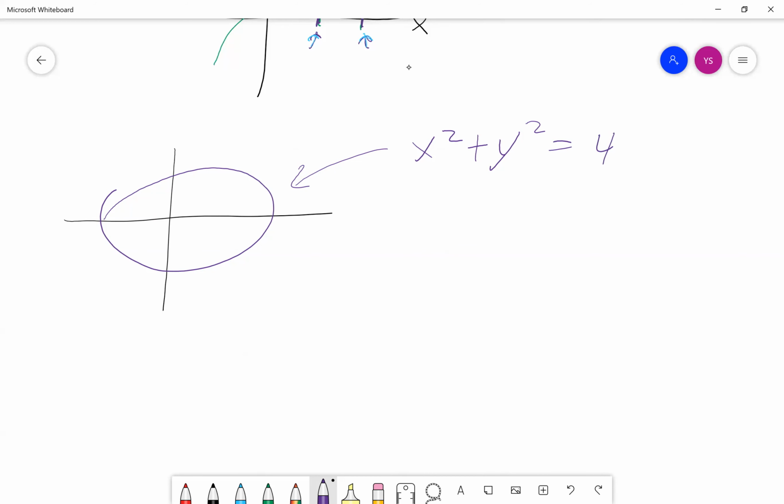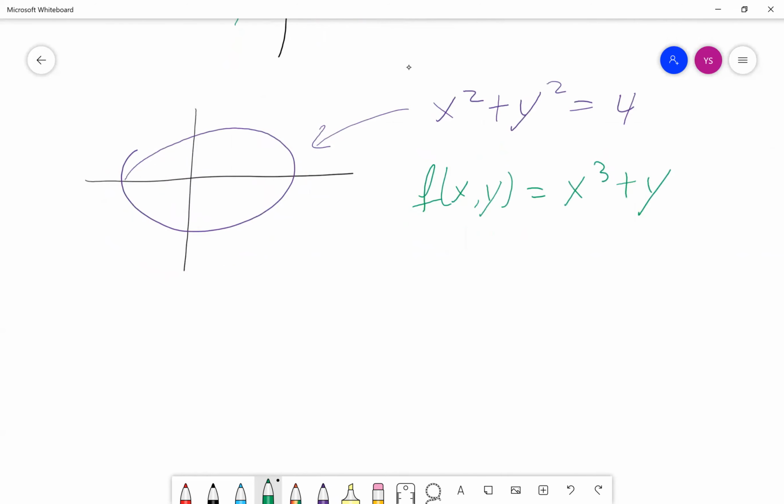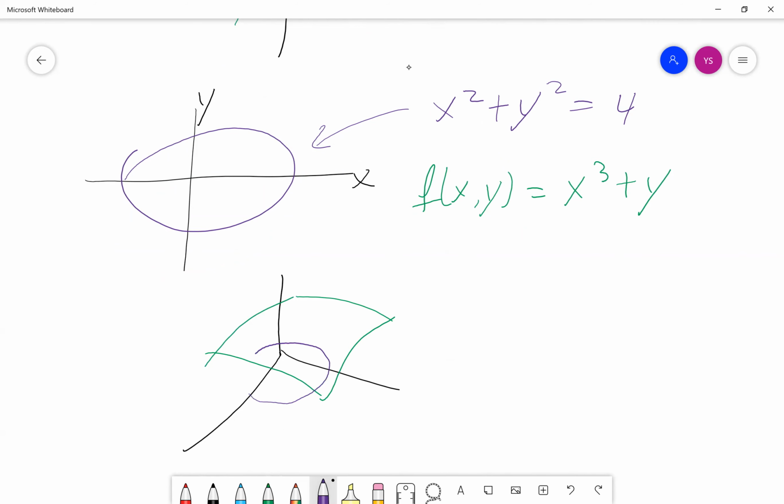And then we have some function, f of xy, let's say is equal to x cubed plus y. So here's my x, here's my y. It's in 3-dimensional space. So let's say this is my f, and here's my curve at the bottom.